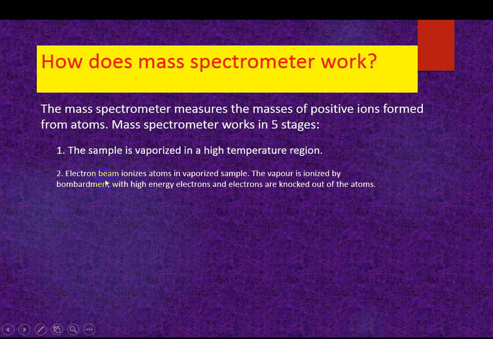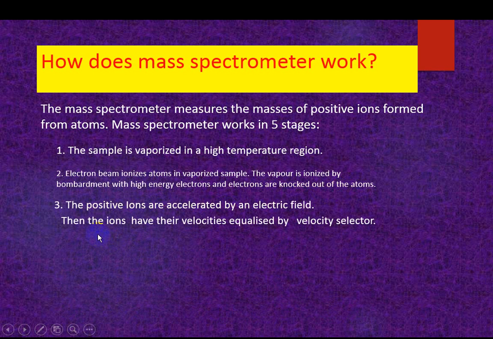In the second step, an electron beam ionizes atoms in the vaporized sample. The vapor is ionized by bombardment with high energy electrons. Electrons are knocked out of the atoms, knocked out meaning out from the atoms.